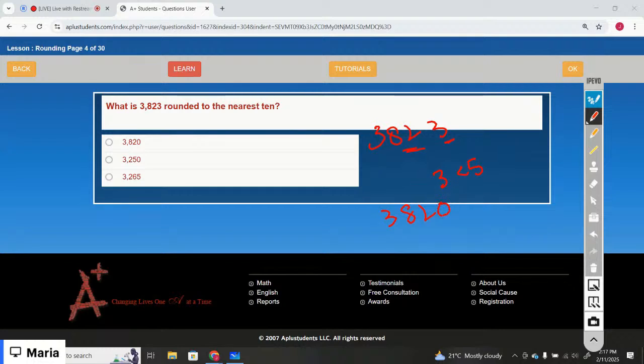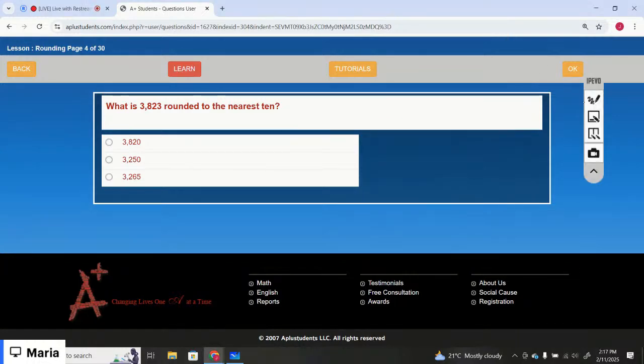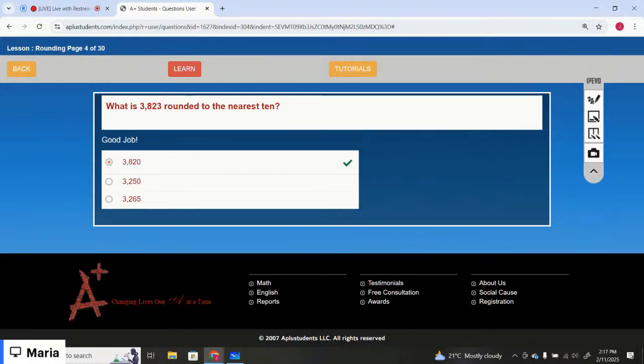It would be rounded to 3820. So the correct option is option number 1, that is 3820.